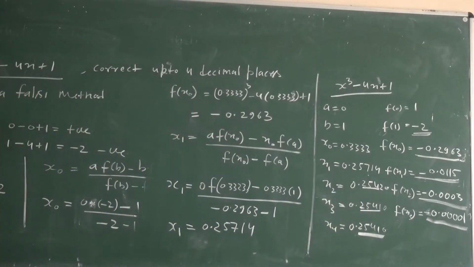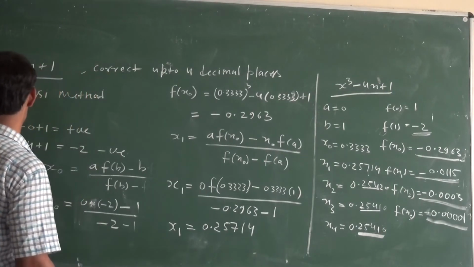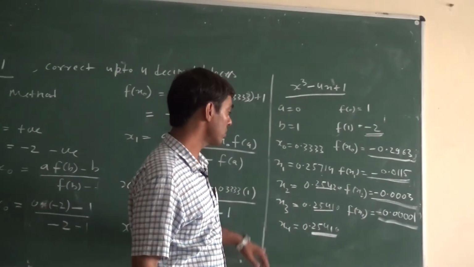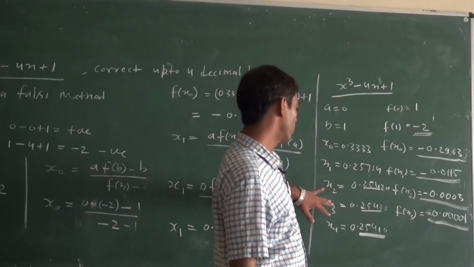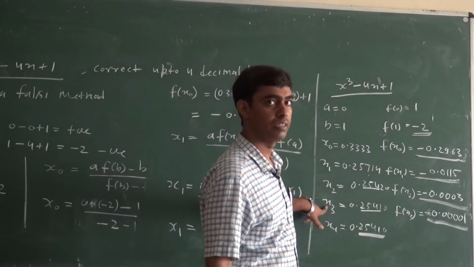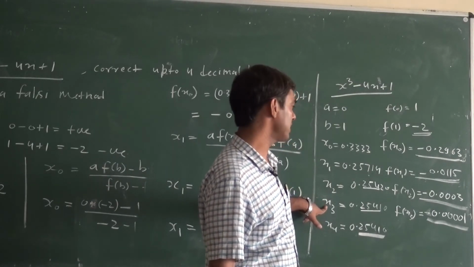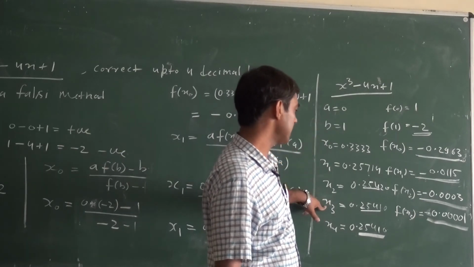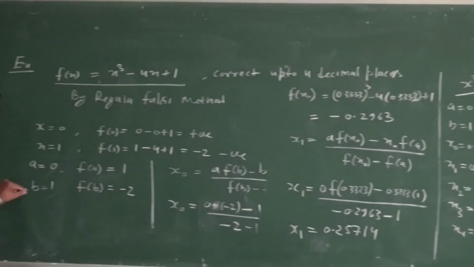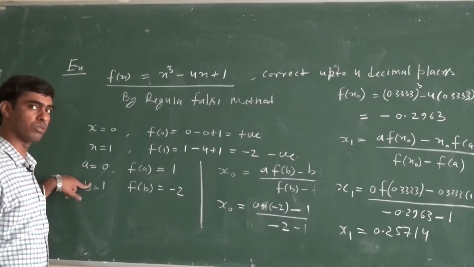But what happens in the bisection method? If the difference between a and b is 1, then to find the root correct up to 1 decimal place, there is a need for at least 4 iterations. But in the regula falsi method, what will happen? In 4 iterations, the difference between b and a is 1 here also.